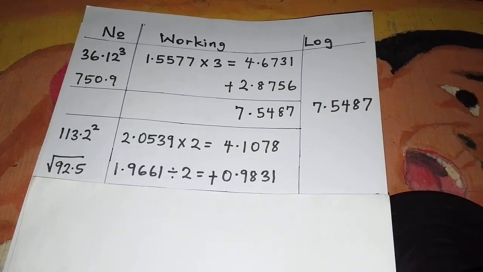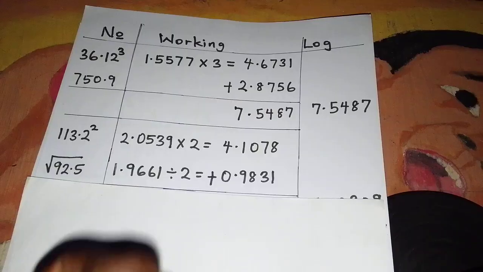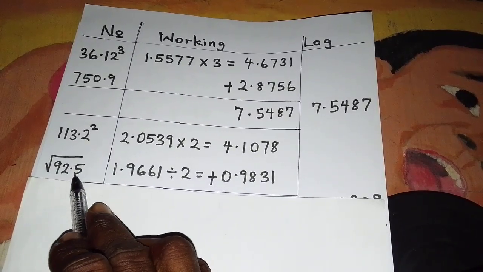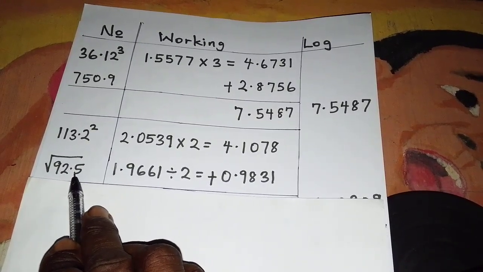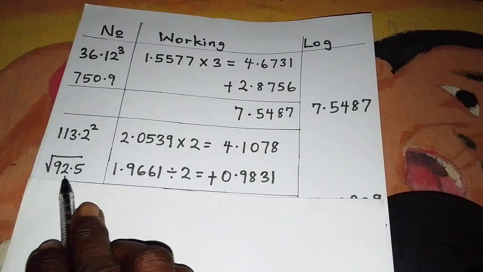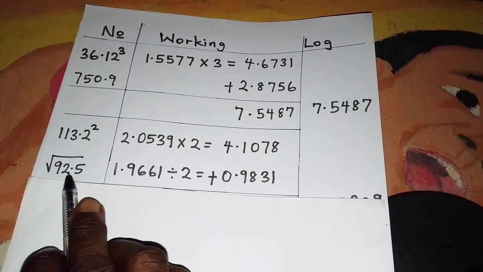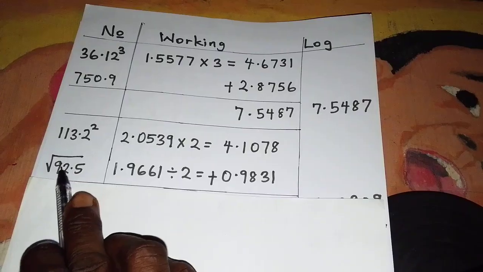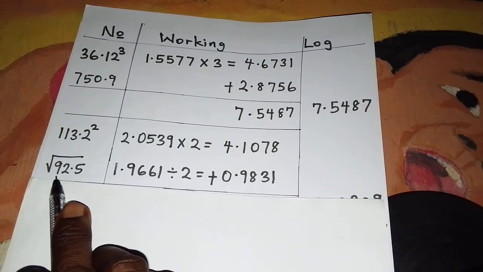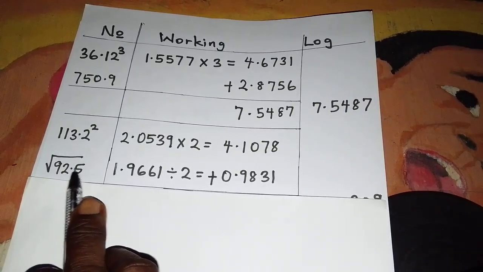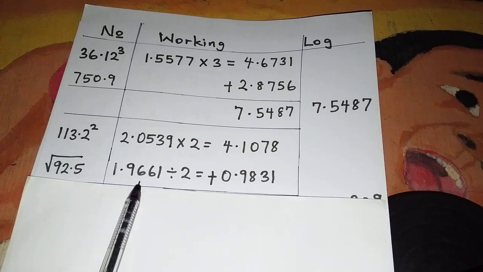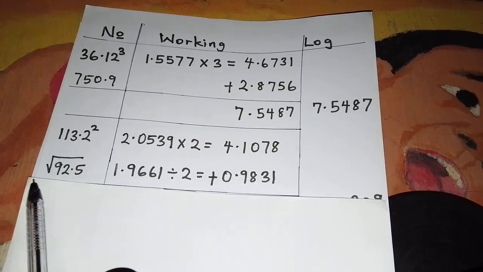Now you are going to look for the root of 92.5. First of all, you look for the logarithm of 92.5. You move the decimal point once, 1 point. Now look for the logarithm of 92 under 5, which should give us 9661.